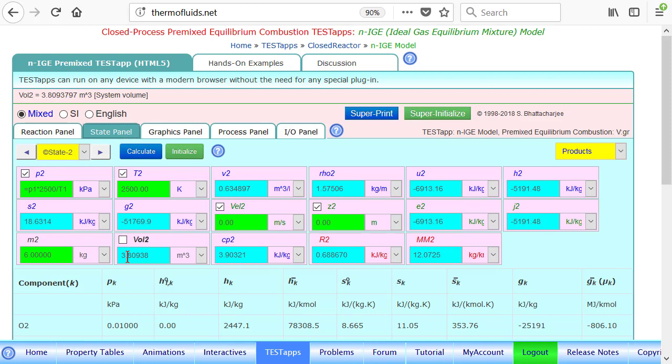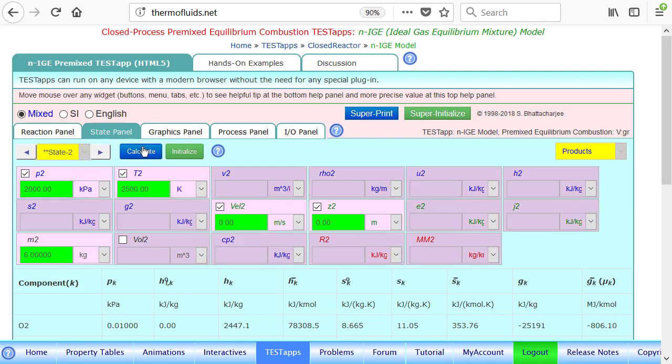So to get 5 meter cube, how much is the pressure right now? You can see the pressure appearing when you put your pointer over P2, it's 2711. So the pressure is a little bit too high. Let's reduce the pressure and redo the calculation. How about if the pressure is, say, 2000 kPa?